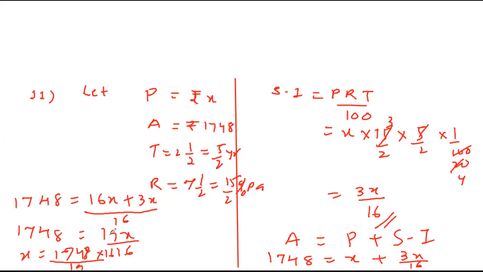Sir, can you explain from there, 16X plus 3X? This one, how it came? See, when you cross multiply, what will you get? 16 into X, 16X, plus 3, 19X upon 16. Then I cross multiplied this whole thing. 16 goes up, 1748 into 16 upon 19. Yes, sir. Got it. Thank you.